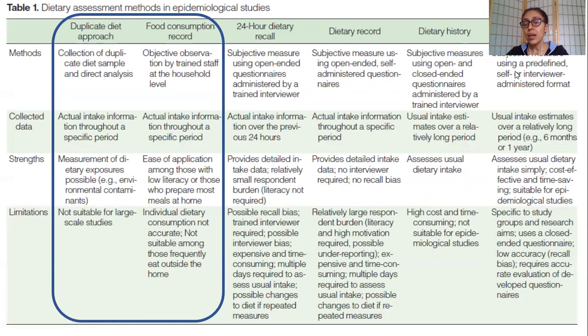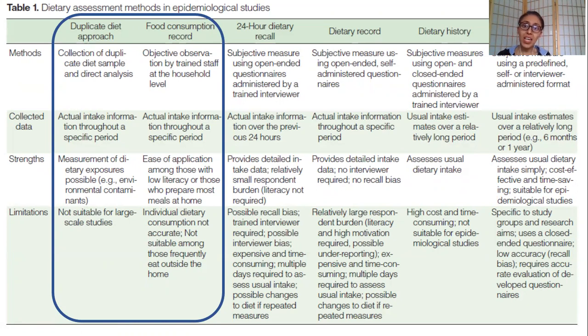And the recall is over a relatively long period of time, like 6 months, or even right from your childhood. Then you have the food frequency questionnaire, which a lot of you must have heard of. There are a lot of validated food frequency questionnaires for adults, for children, for ethnic populations. It has a lower respondent burden, and definitely has its own recall biases, because they may ask which types of veggies you had in the last 7 days, and some may remember, some may not.